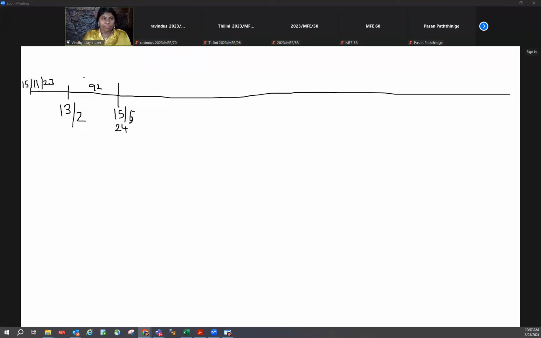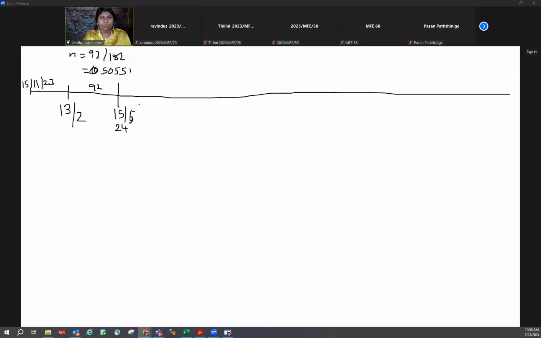This period n is equal to 92 divided by 182, which is 0.5055 years, right? Or periods, right? N is equal to 0.5055 periods.